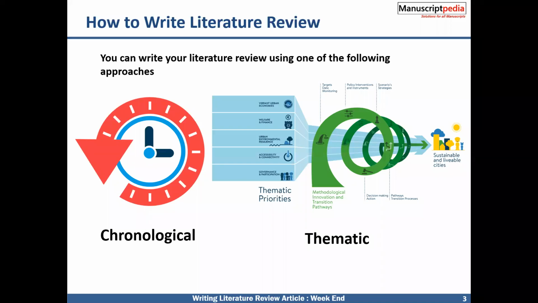A lot of new technology has come. So for a certain 5 years, this is the advancement in the technology, and for the next 5 years, this is the advancement. These are all considered in the chronological approach while writing the literature review.